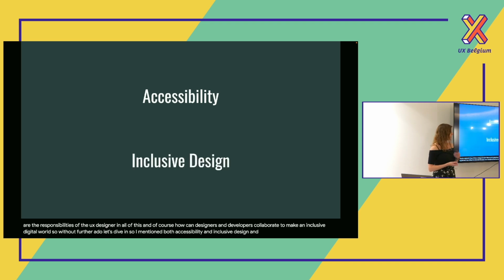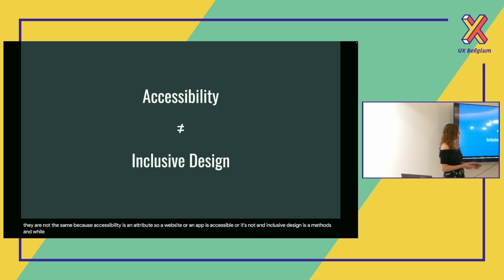I mentioned both accessibility and inclusive design. While they are closely related, they are not the same, because accessibility is an attribute. A website or an app is accessible or it's not, and inclusive design is a method. Practicing inclusive design doesn't necessarily make your website or app accessible.